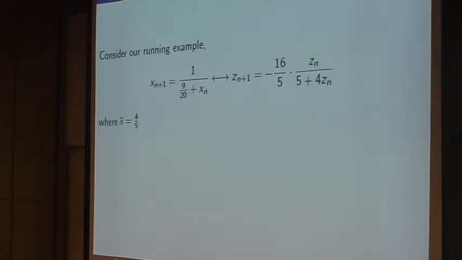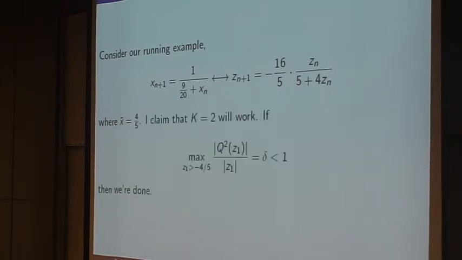All right, so let's continue our running example and show how this has global asymptotic stability. Right, so we've already transformed the equilibrium point to 0 here. We want to keep track of this fact that x bar originally was 4/5. And I claim that k equals 2 will work. And that's very easy.